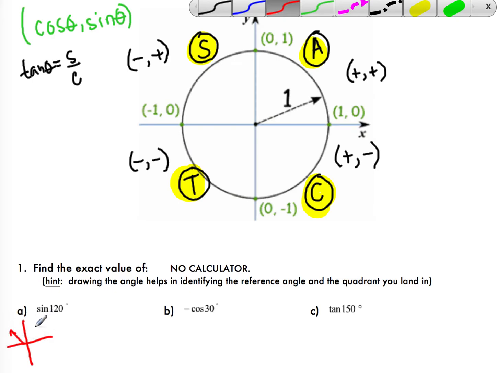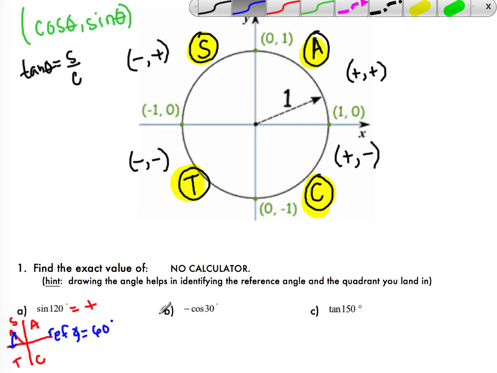And our sine, all students take calculus, our sine is going to be a positive solution. Our reference angle here is 60 degrees.